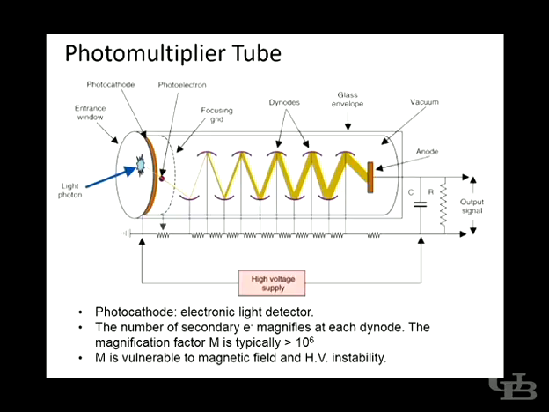Once this electron produced gets into this field, it will be accelerated in each of these electric fields. Electron is charged particle. It will be accelerated in the electric field.